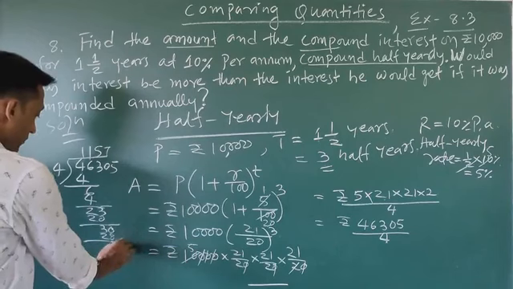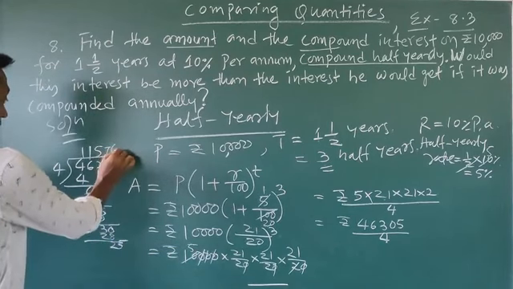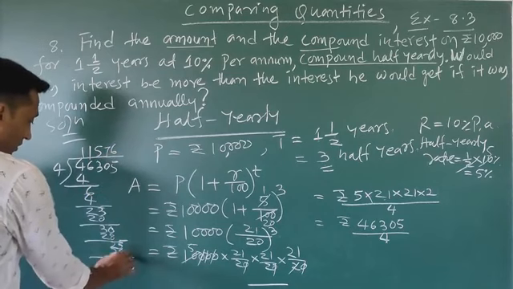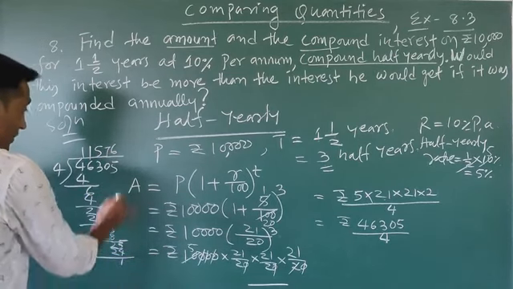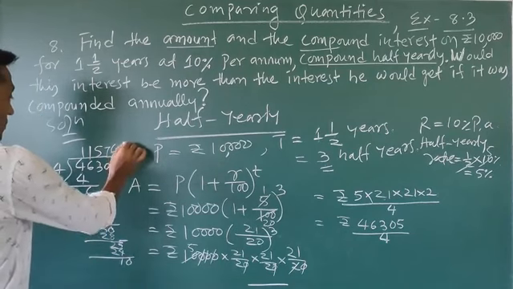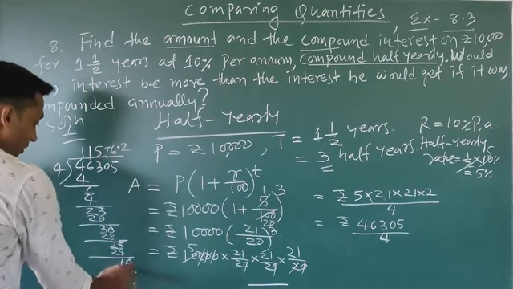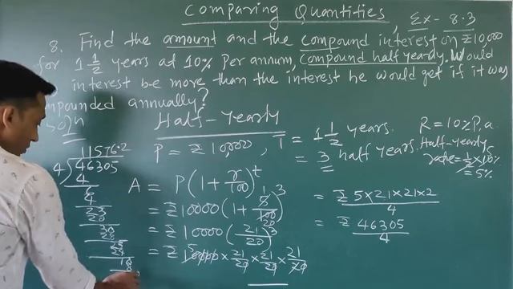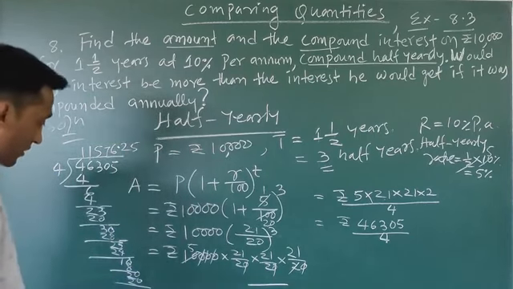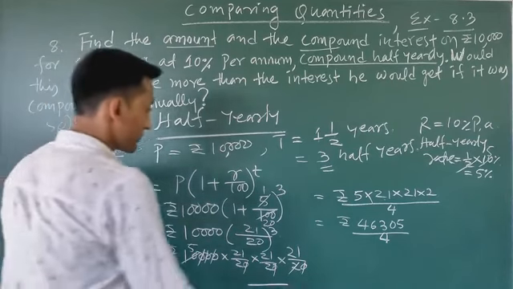Now you bring down this 5. 4 6 is 24. 25 minus 24 is 1. Take point, then 0. Again 4 2 is 8. 10 minus 8 is 2. 20. 4 5 is 20. So how much we get?